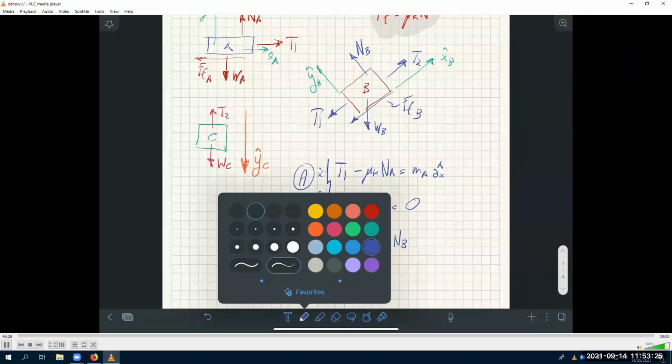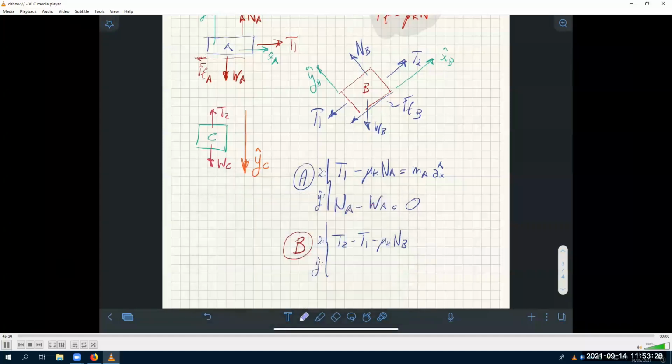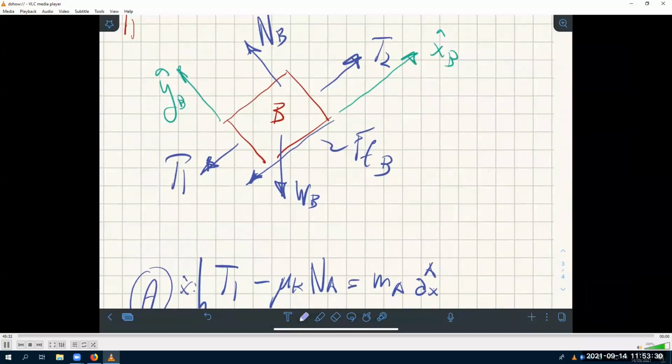We have to split this into components. One component must be along this axis, so I'll do one component parallel to this and one component parallel to this. So this component here is WBY, and this component here is WBX. Now let me draw this here.